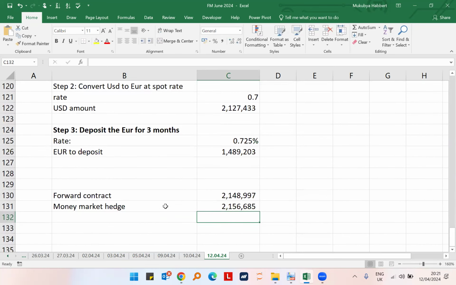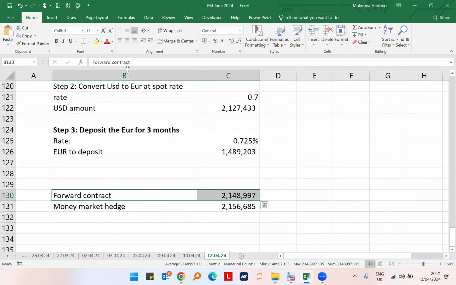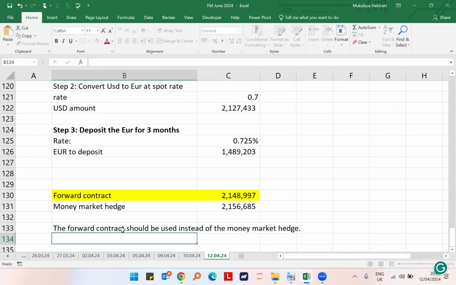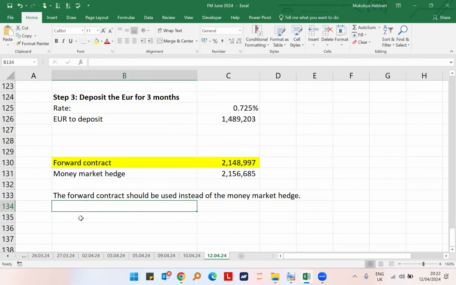Therefore, for the payments, we should choose the one which gives us the least. Therefore, the forward contract seems to be a better option here. So we can say the forward contract should be used instead of the money market hedge. Okay, so I hope that you have understood how we have completed the money market hedge, because the forward contract is very easy.